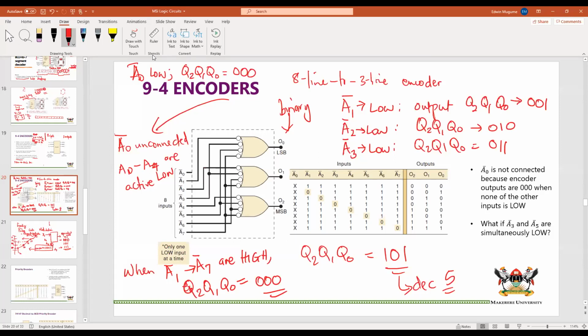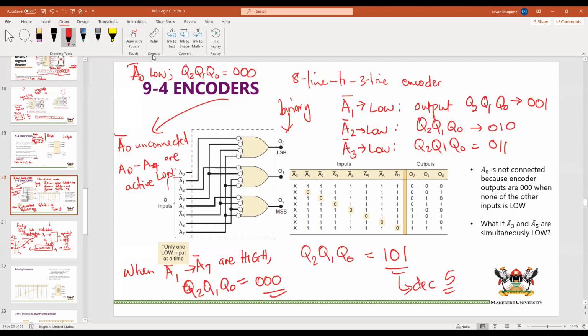So when all the other inputs A1 to A7 are high, meaning they are inactive, the output of the encoder is 0, 0, 0, which corresponds to A naught. Even though A naught is not connected, whenever all the others are inactive, we still get the right output. That's why they usually do not connect A naught: when all the others are high, the output is 0, 0, 0 anyway.